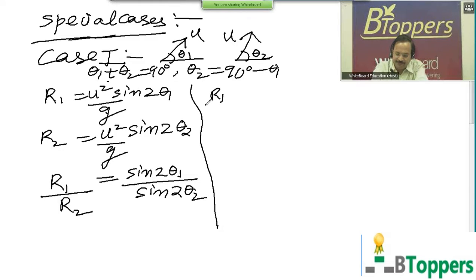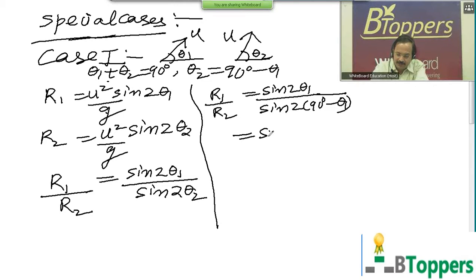So we can substitute here theta 2 equal to 90 degrees minus theta 1. So you get sine 2 theta 1 by sine 2 into 90 degrees minus theta 1. So you can write sine 180 degrees minus 2 theta 1.